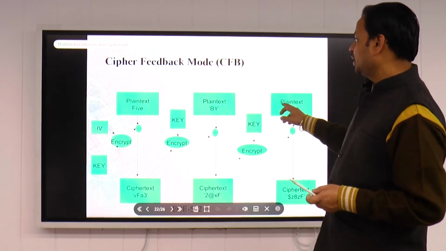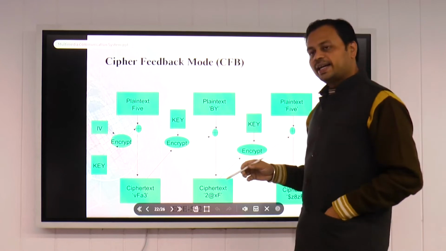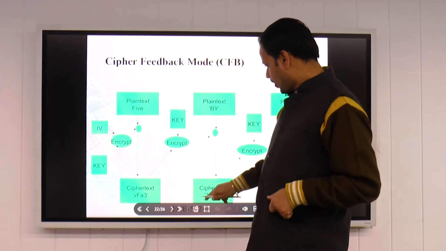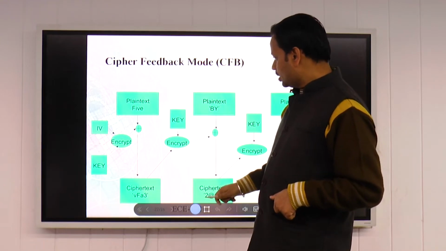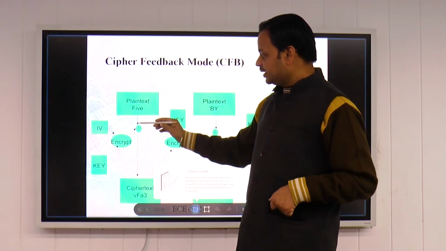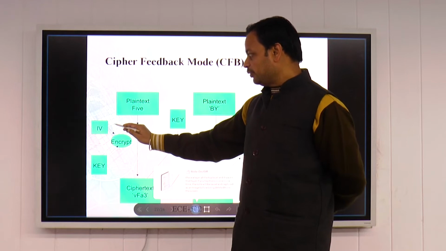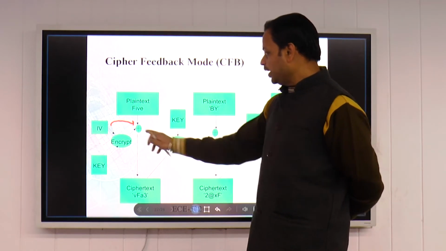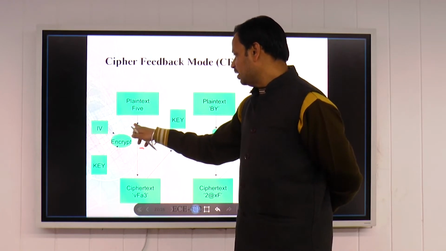next is what we can call cipher feedback mode. Again in this, see, in the previous step, if you remember, we were XORing the initialization vector. But over here we are not XORing.